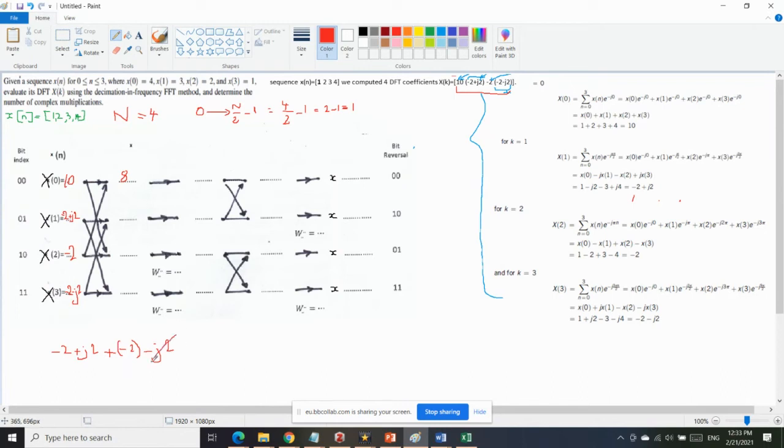So as you can see these are going to cancel each other. تلقى minus 2 plus minus 2 يعني minus 4. خلاص واضح.